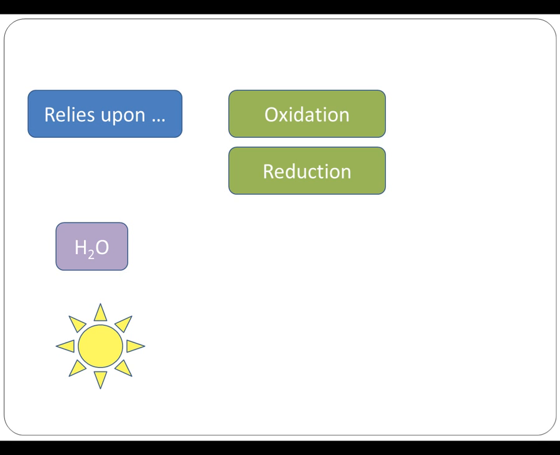What else do we need? What else do plants need besides sun and water? Some form of carbon, and it's called carbon dioxide. So definitely need carbon dioxide. And the carbon dioxide provides carbon.